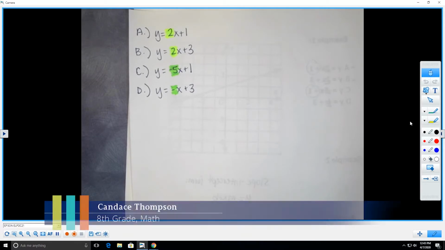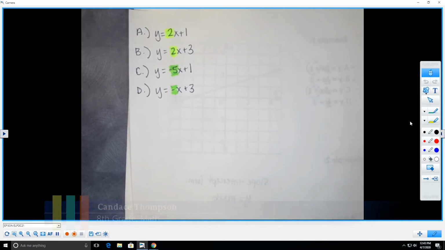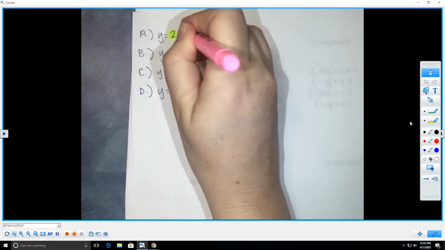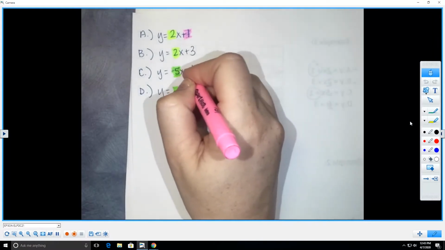Okay, now let's focus on the y-intercepts or initial value. Which of these equations have the same y-intercept or the same initial value? Great. Both A and C have a y-intercept or an initial value of +1.